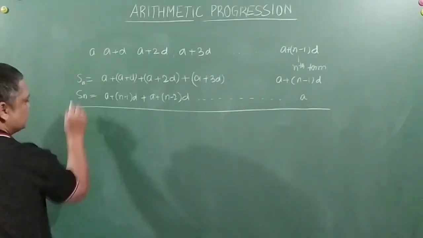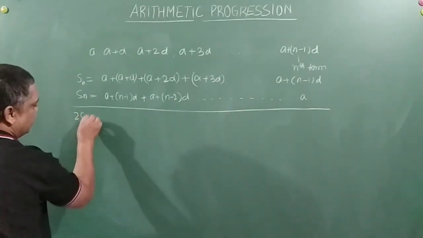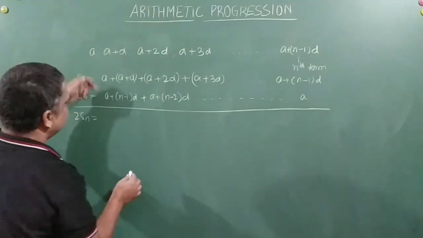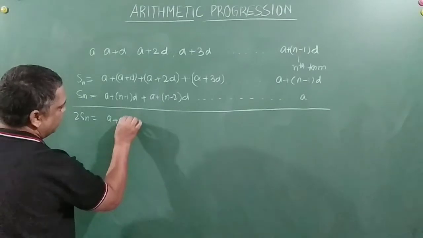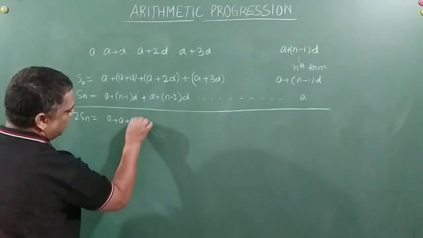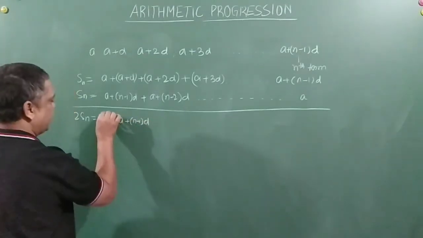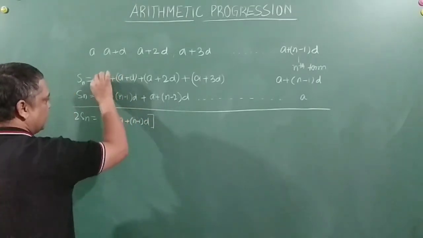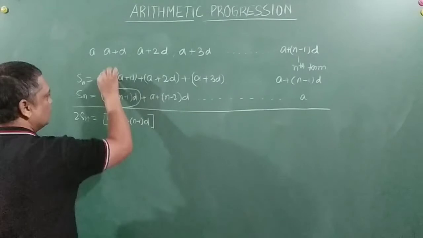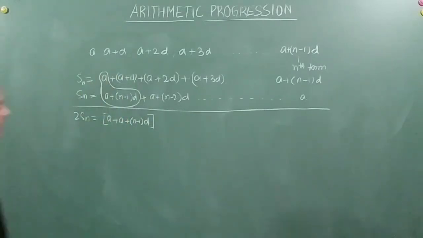If we add, so this becomes 2 times Sn, and just see here, friends, this becomes A plus n minus 1 into D, correct? I'll put it in a big bracket. What I have done is that I have basically added the two, this one, right?